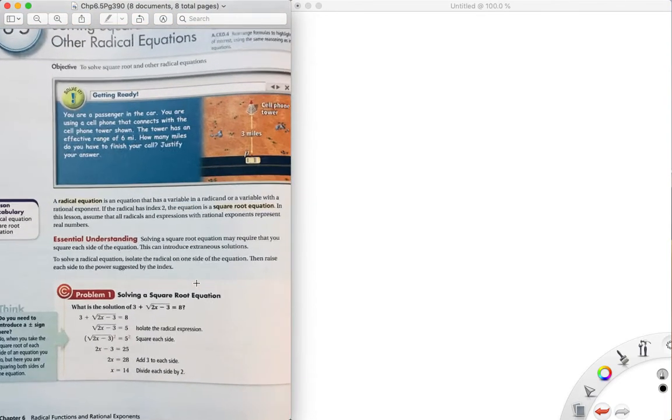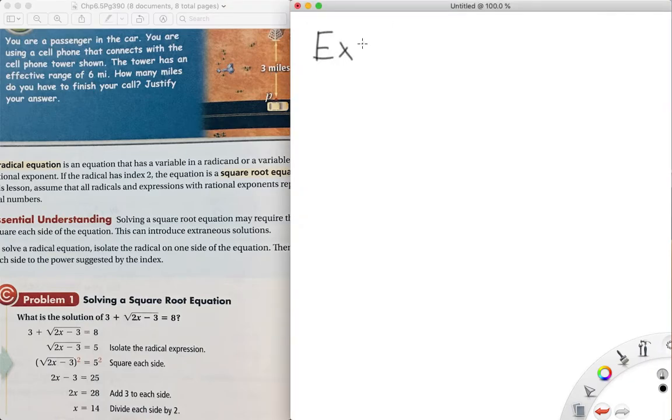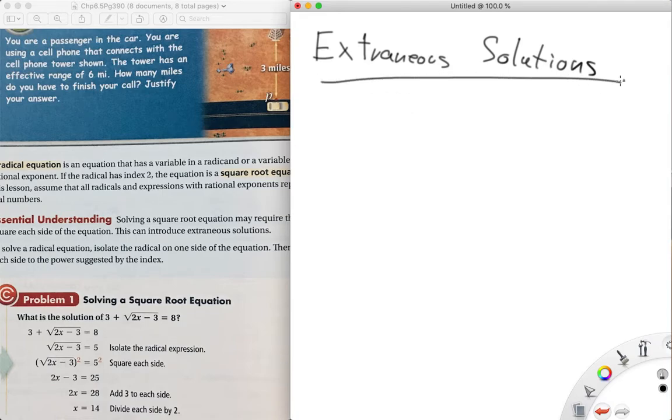Extraneous solutions. You can have them when you square. We're going to be squaring, or depending on the rational expression, we're going to be squaring a lot to solve these problems. When you square something, you open yourself up to having extraneous solutions, meaning you'll have some false solutions.